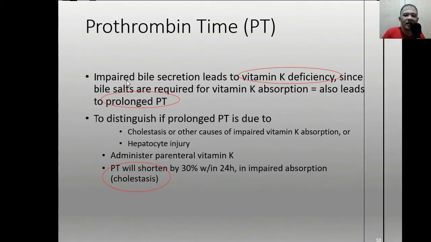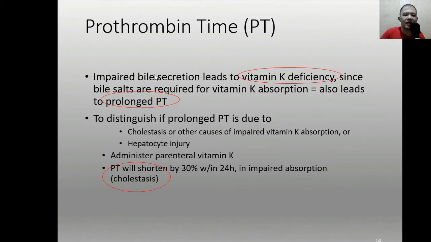This is very important again. To distinguish if the prolonged PT is due to cholestasis, just add vitamin K, because prothrombin time will shorten upon administration within 24 hours, if the problem is secondary to cholestasis.